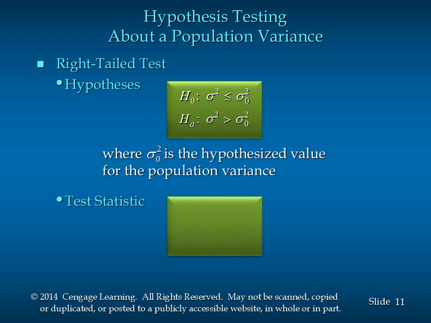Here's a right tail test. Same thing we've talked about before. The only difference is instead of having x bar, or mu up here, these are now sigmas, and we use sigma because in this case it's the variance for the population.